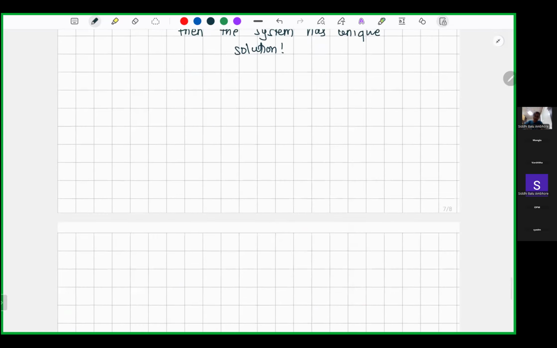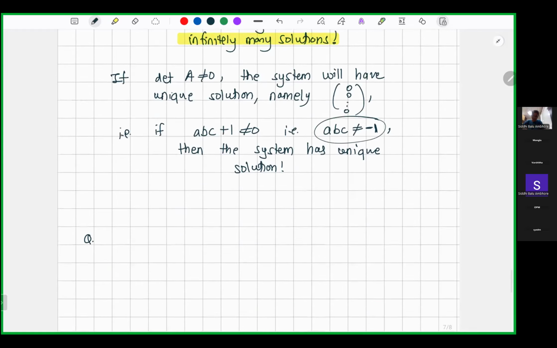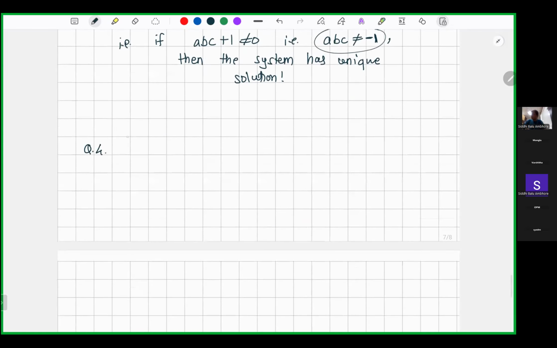That we will do. This is, I think, question 4. Let K be a field of characteristic not equal to 2.